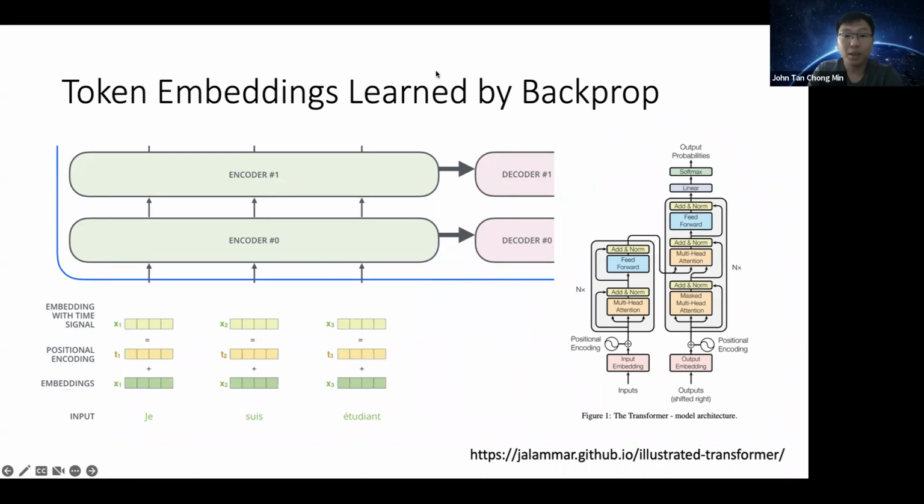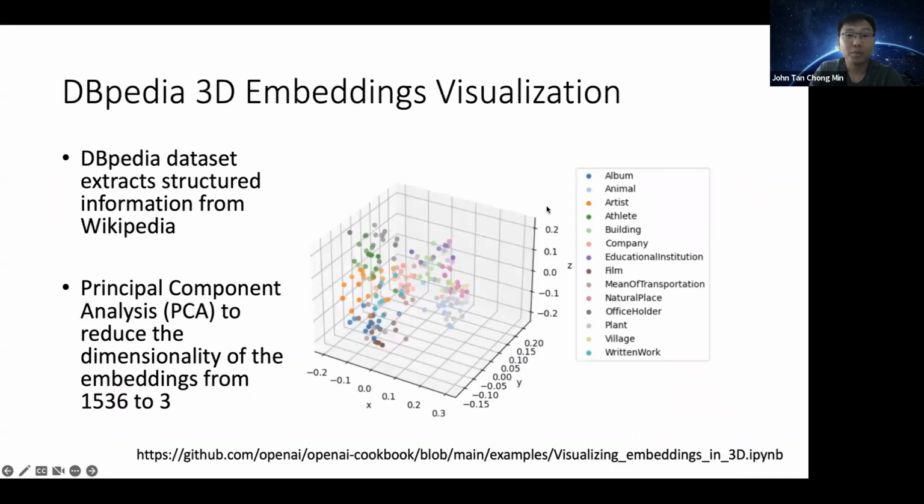So now that we have settled this for individual tokens, how can we get this for paragraphs? Before we go through the detail, I'll just show you the results that OpenAI gave for DBpedia. It is structured information from the Wikipedia website. Over here, they applied the embeddings across different categories, like album, animal, artist.